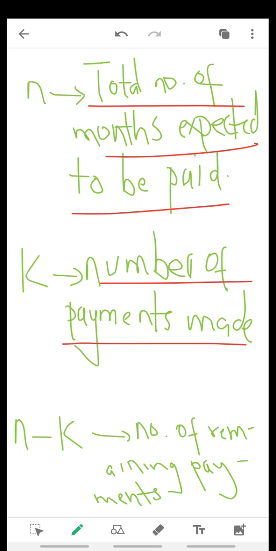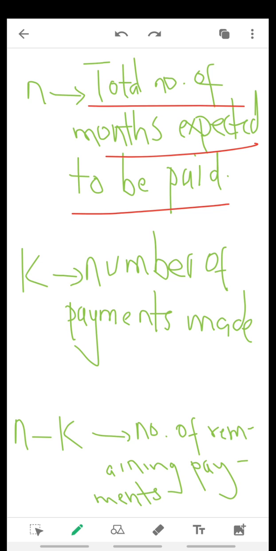If you are expected to pay over 36 months, but you end up paying over 25 months, it means K will be 25, where N will be 36. K is how many months you have actually paid, but N is how many months you're expected to pay.